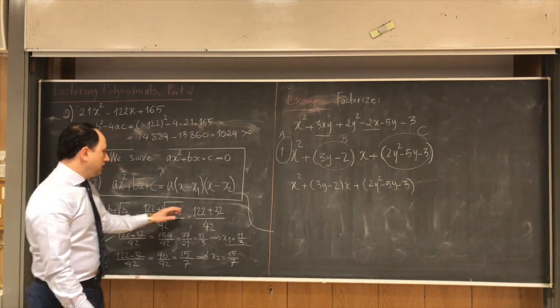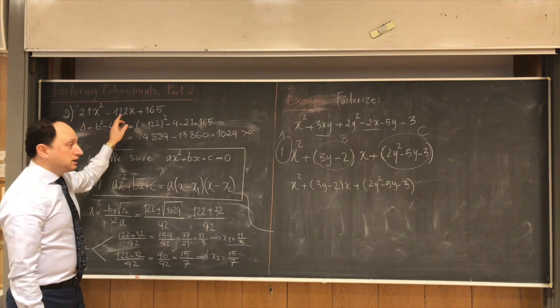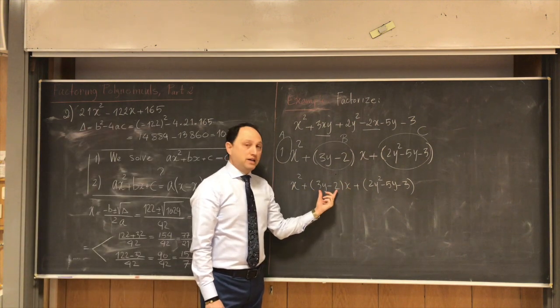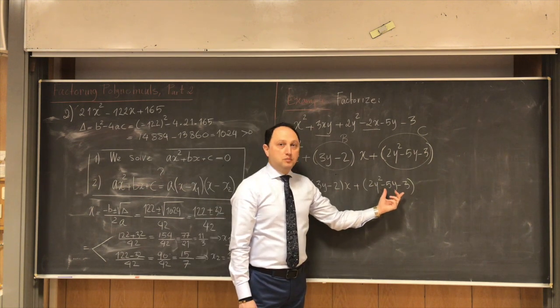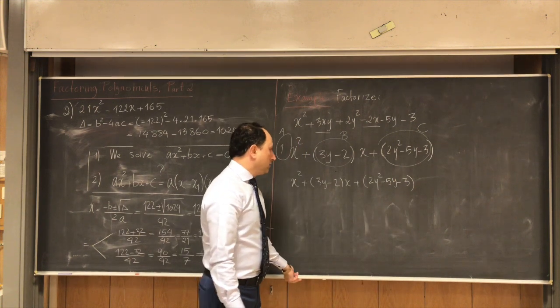Why? Because in those cases, our coefficients were just numbers, but here if I ask you what the coefficient of x is, it's not a number, it's an expression, 3y minus 2. And if I ask you what this is, that's not a number, that's a polynomial. Okay, but it doesn't matter.